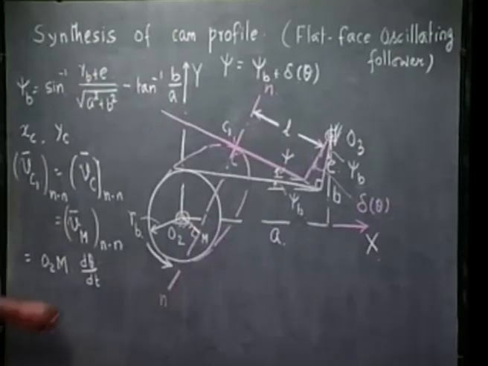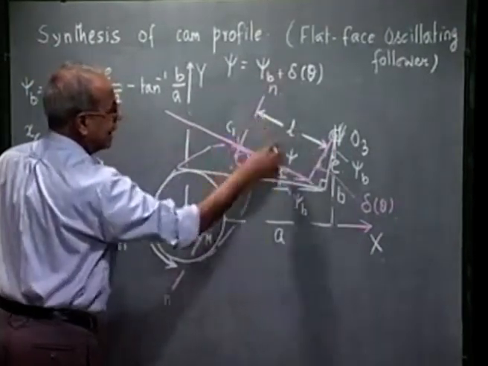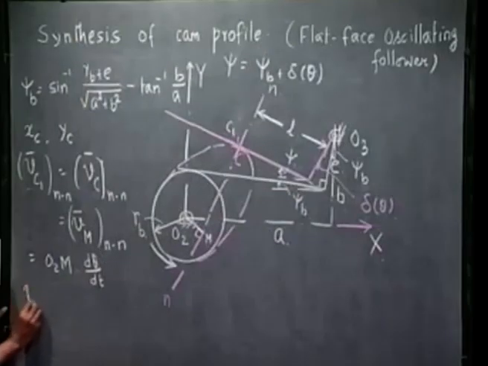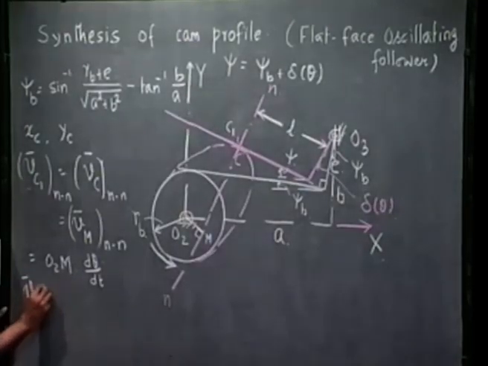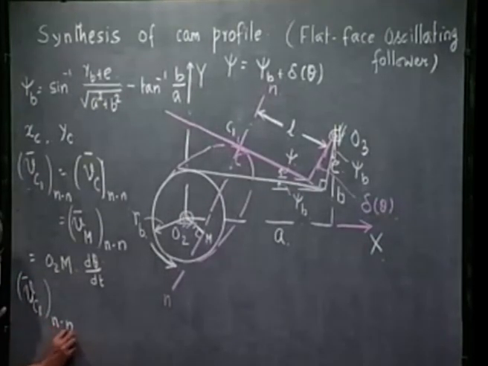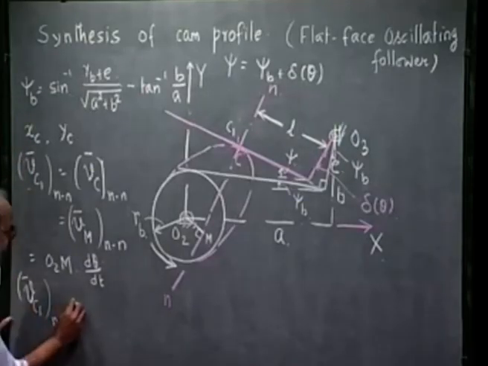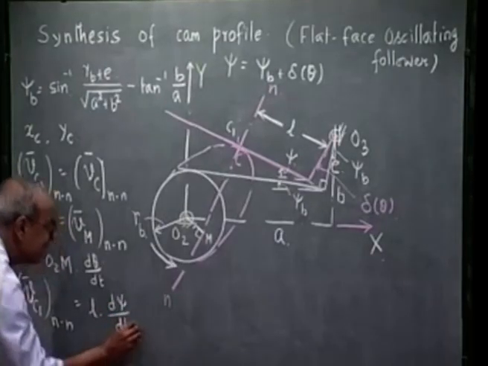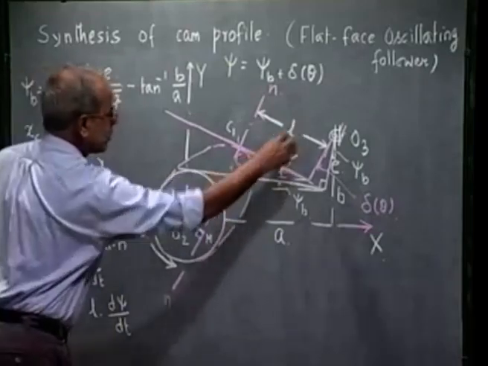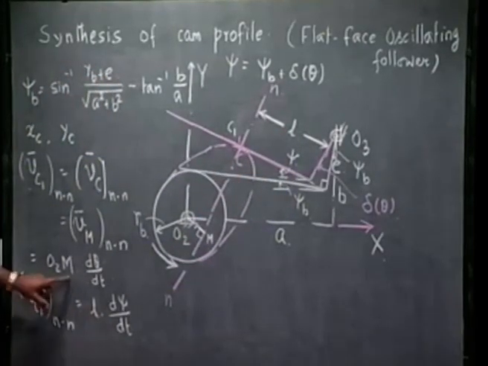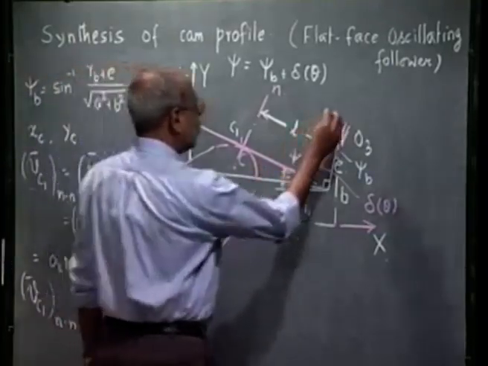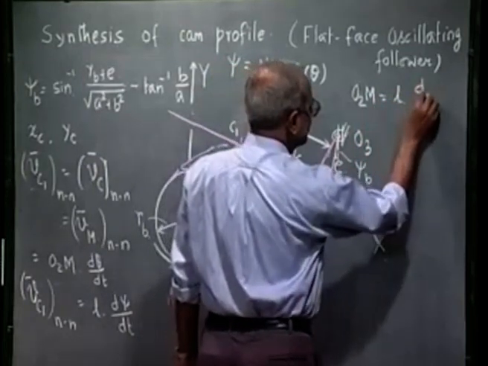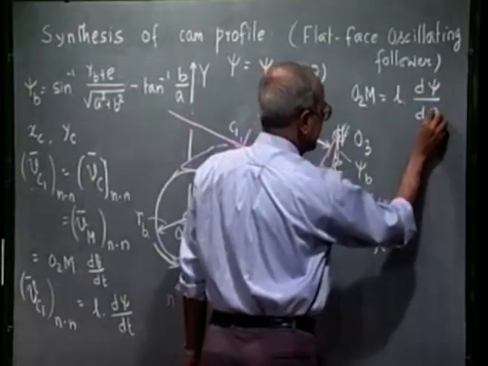Now, the velocity of C1 along NN, where C1 belongs to the follower surface, is nothing but L times psi dot, that is L into d psi dt, where psi is measured clockwise. And because these two are the same, I can immediately write O2M is nothing but L into d psi d theta.